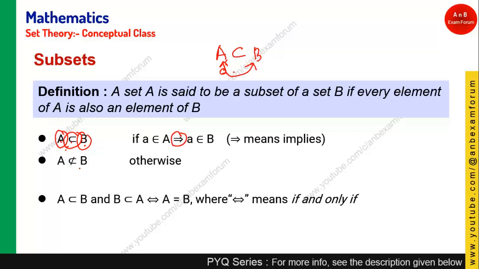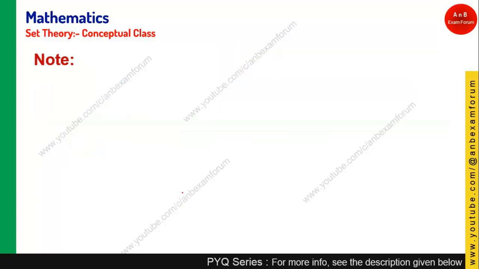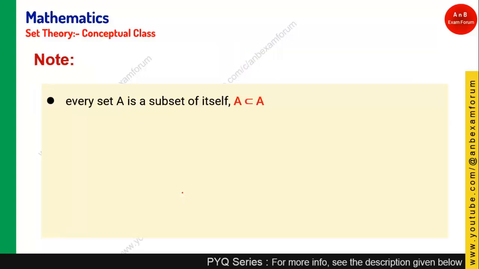And if A is a subset of B and B is a subset of A, it implies that A is equal to B. Obviously, if an element of A is an element of B, and similarly an element of B is an element of A, then both the sets are equal sets. Let's see a few noteworthy points.